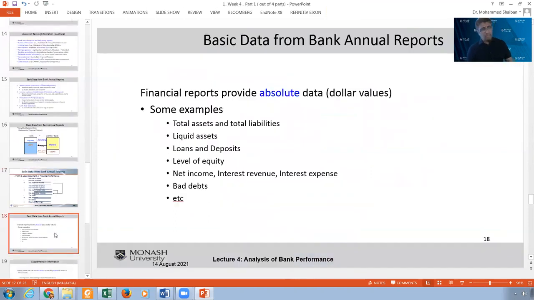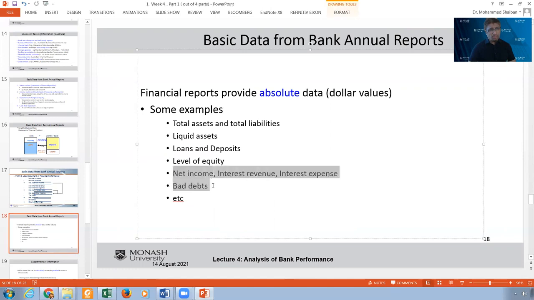So the financial reports provide absolute data. From the balance sheet, for example, we can get total assets and total liabilities, liquid assets, loans and deposits, and equity. From the income statement, we can get net income, interest revenues, interest expenses, and all these items.